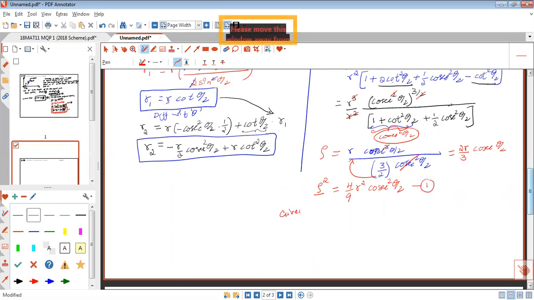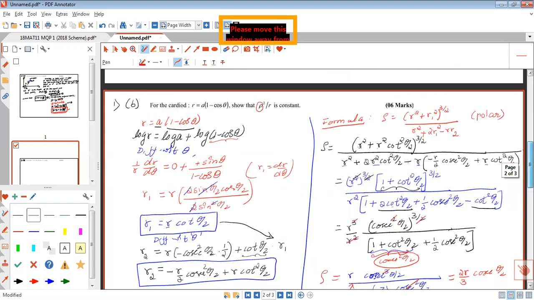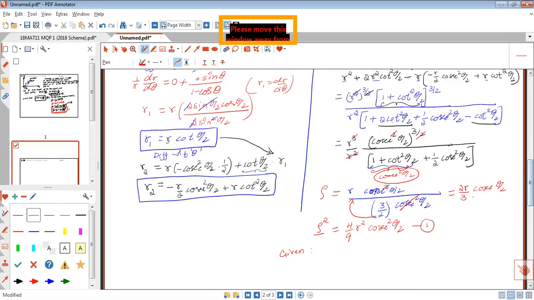The given curve is r is equal to a times 1 minus cos theta.